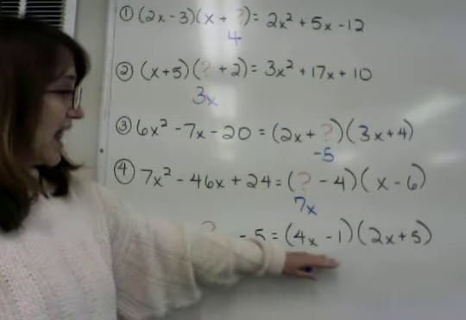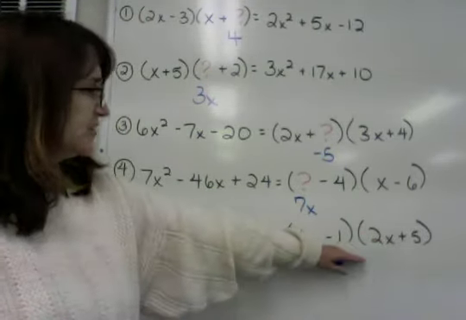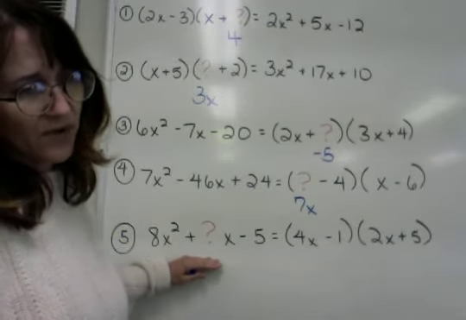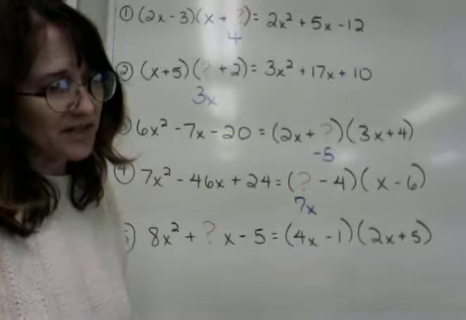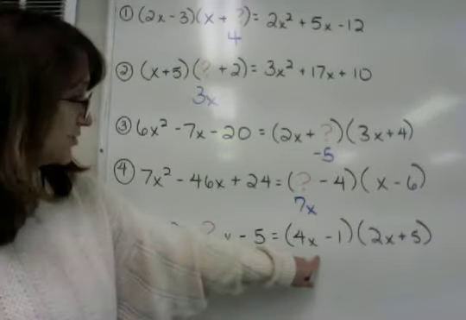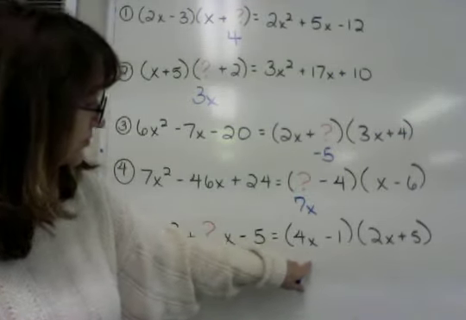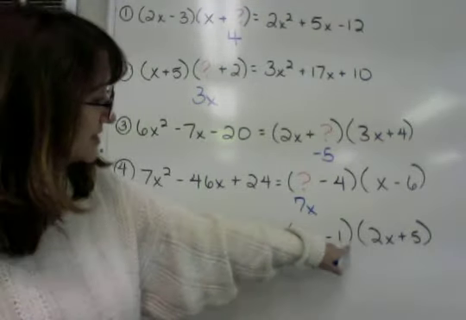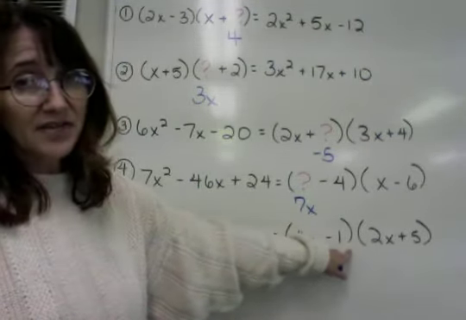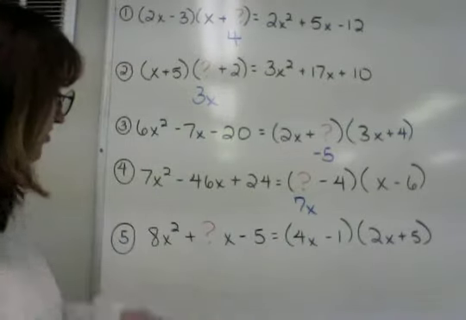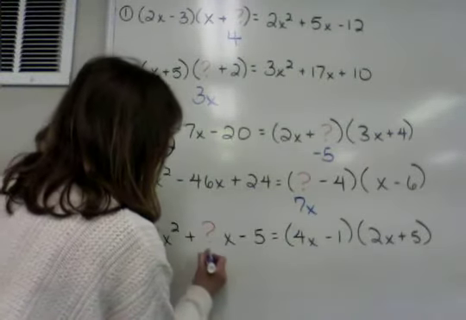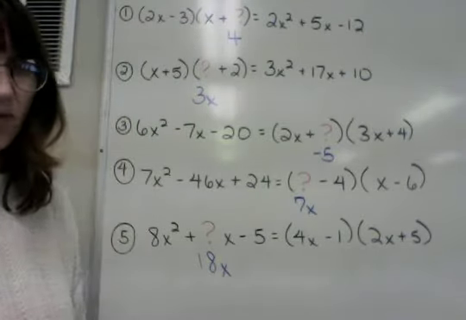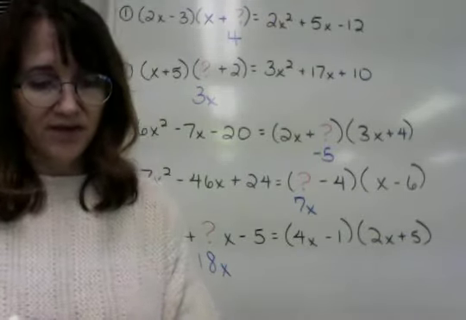What would my outer term and my inner term end up becoming? If I did my outer, that would be 20x. If I did the inner one, that would be a negative 2x. So this term should become an 18x. I just wrote the x twice.